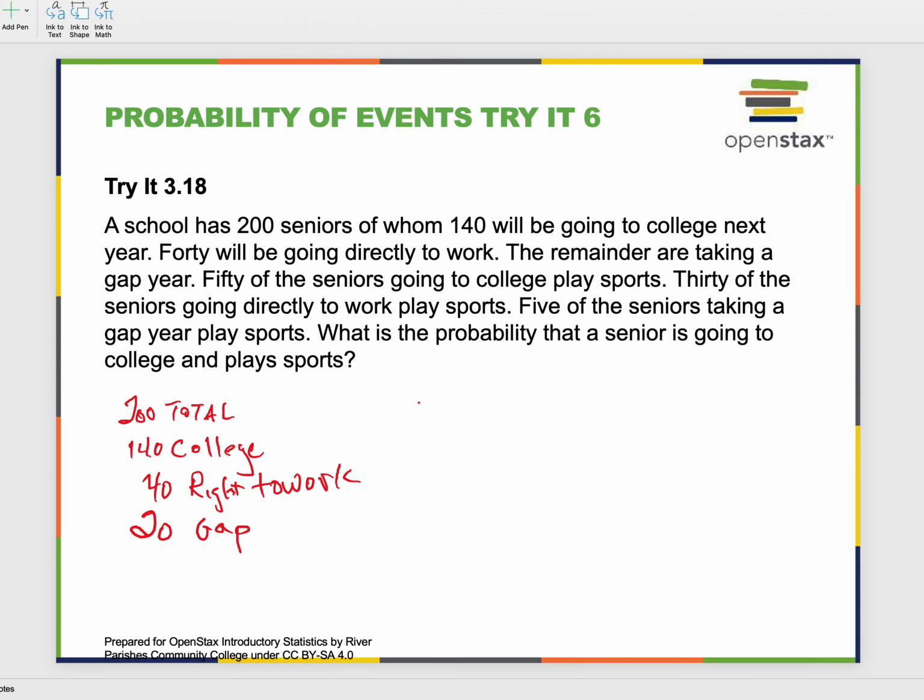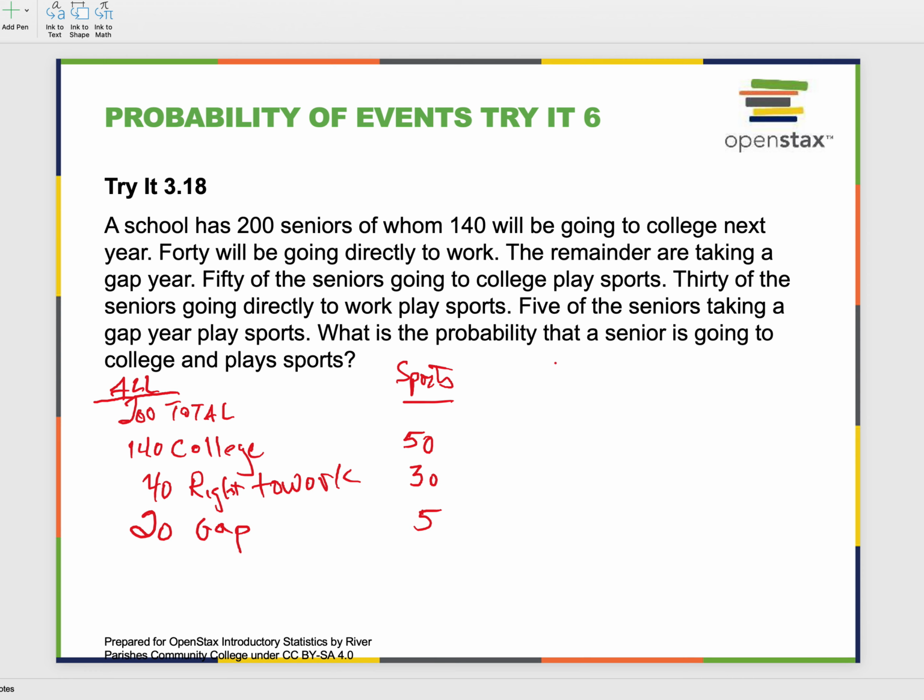And now out of these, what do we say? 5 of these play sports. 30 of these play sports. And 50 of these play sports. So this is the sports column. And this is all. Sports and not. Find the probability that a senior is going to college and plays sports.